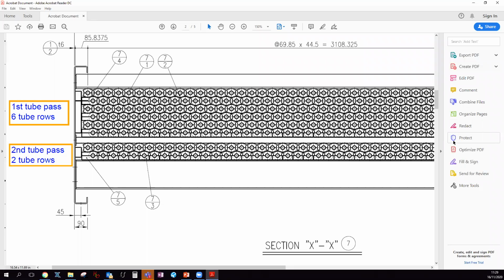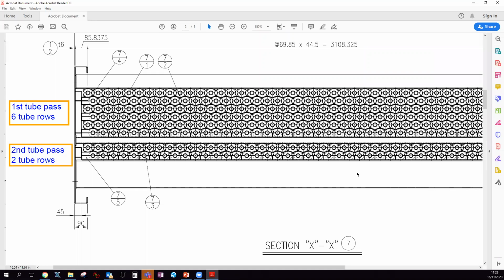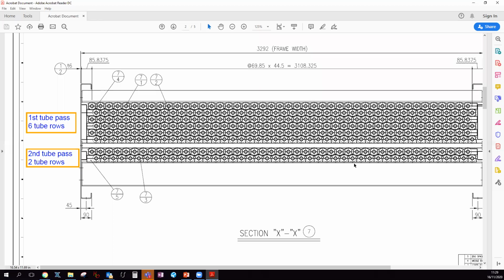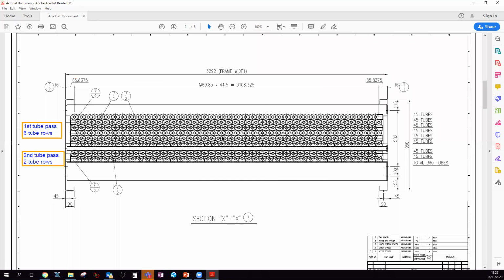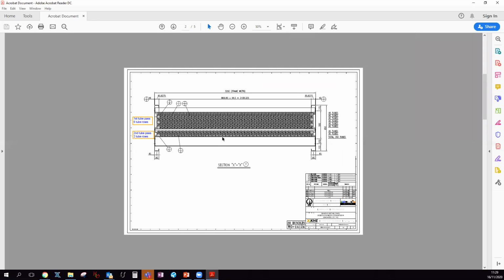If you remember in the presentation, I said that for air cooler condensers, the last part of the air cooler shall be sloped. So this is how it is sloped. This part is separated, and this second pass is sloped from this one.